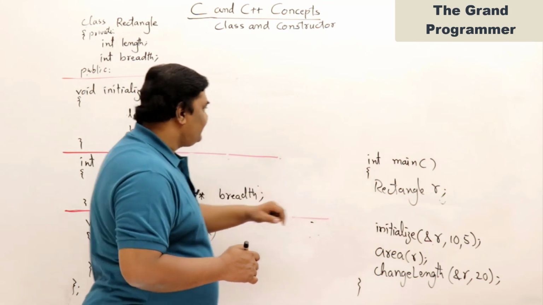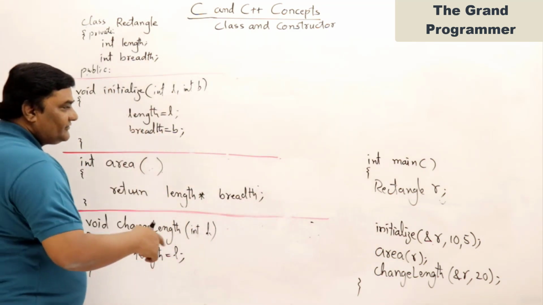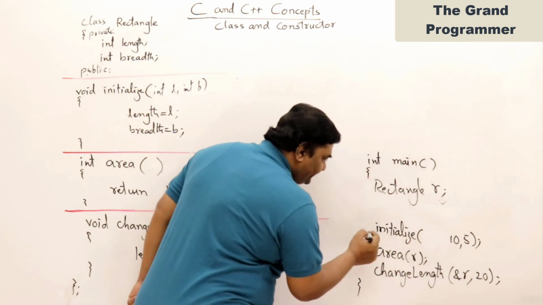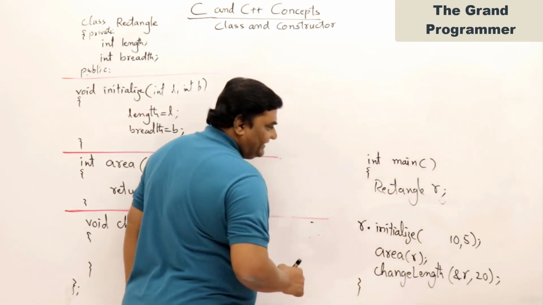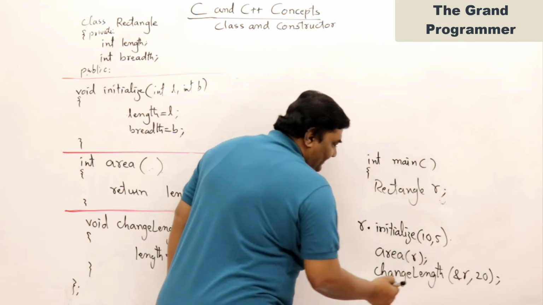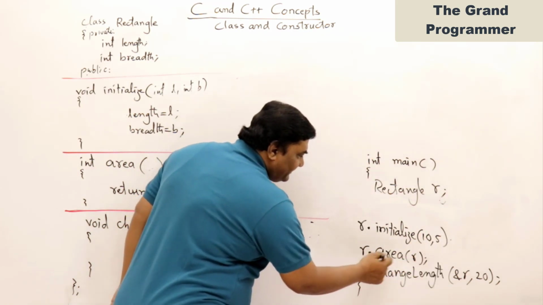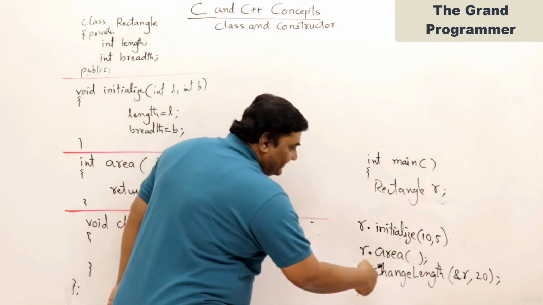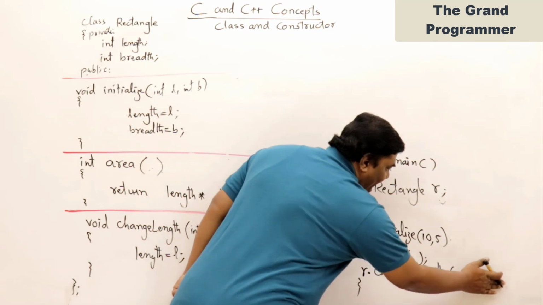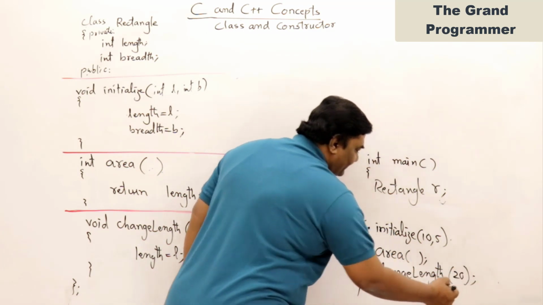These functions are present inside the rectangle only. So for calling these functions, instead of passing the parameter, I should say R dot initialize, then pass 10, 5. Remove this one. Then call this as R dot area. Remove this one. Then call this as R dot change length. Remove this one and just pass 20.